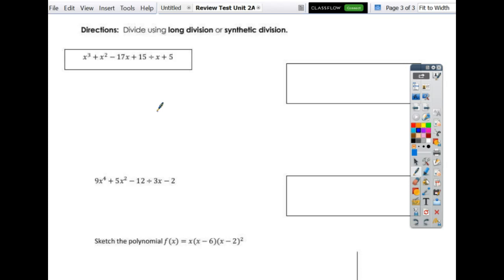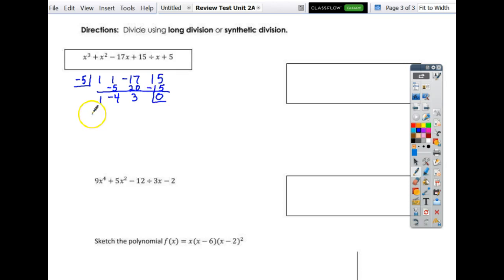The linear factor is x plus 5, which makes my 0 negative 5. And then I'm going to take the coefficients, which are 1, 1, negative 17, and 15. Bring down the 1, multiply, add, multiply, add, multiply, add. So it gives me a 0.